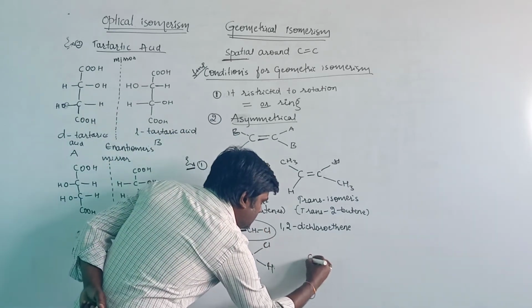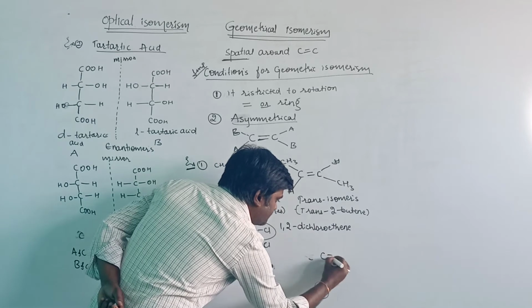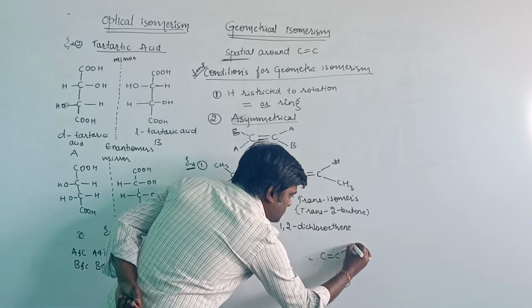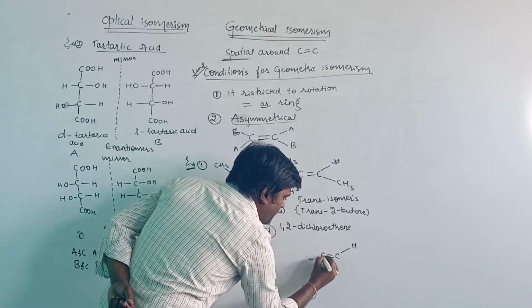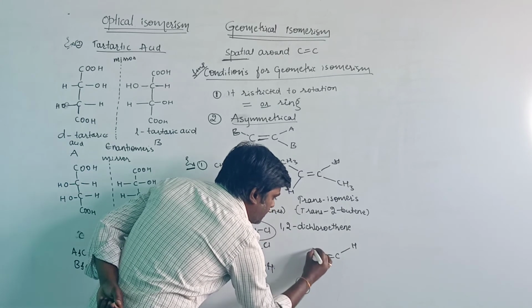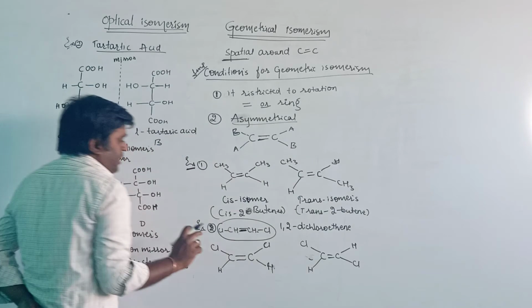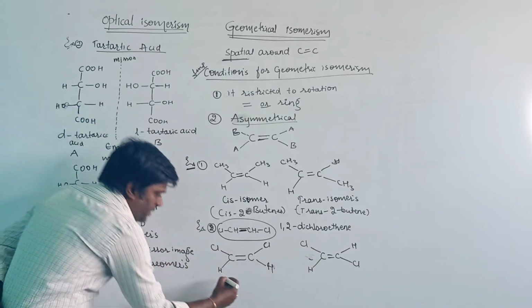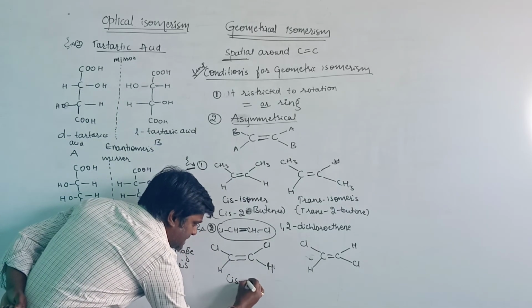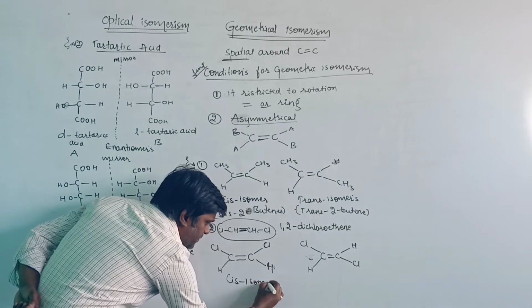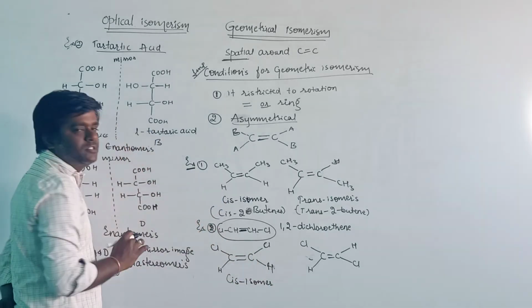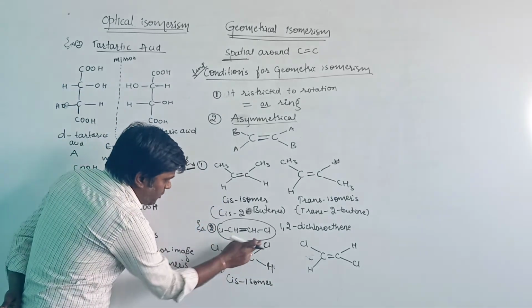We can present it in another way, that is C=C, with H and H here, and Cl and Cl here. When we observe these two compounds, it is a cis isomer because the same groups are present on the same side: chlorine, chlorine, hydrogen, hydrogen.